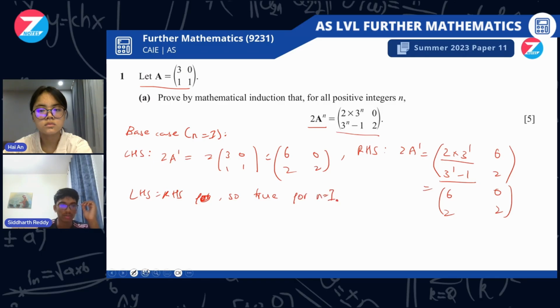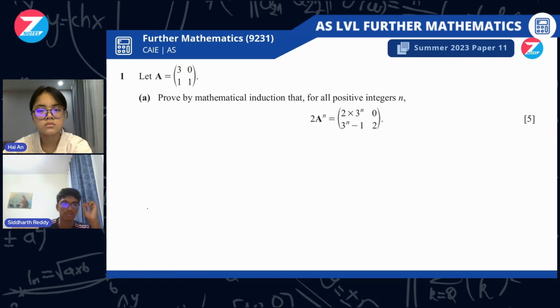Now what we'll do is we'll check for n equal to k. Let's assume it's true for n equal to k.